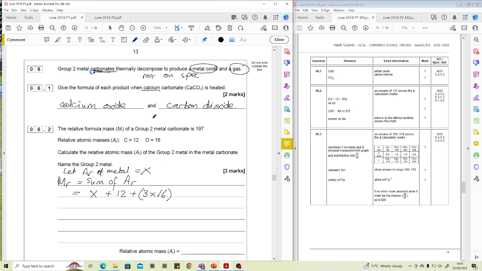If it's in group 2, it's going to have the same kind of formula as calcium carbonate. Equals 197. So we can calculate that X equals 137. And it's barium.